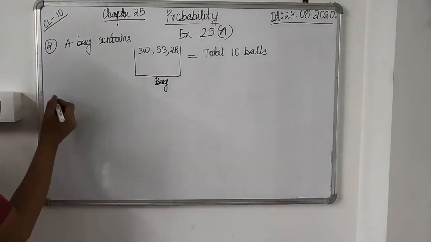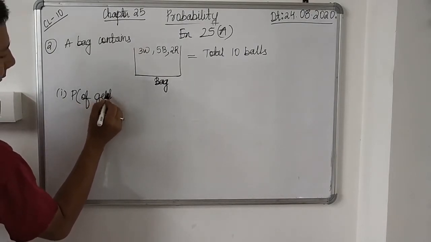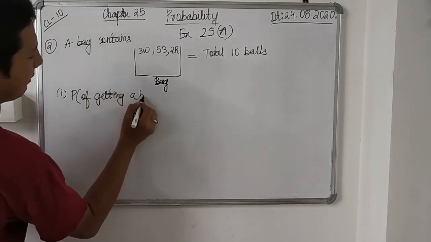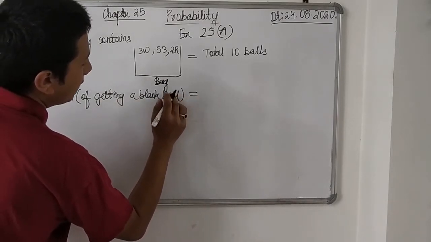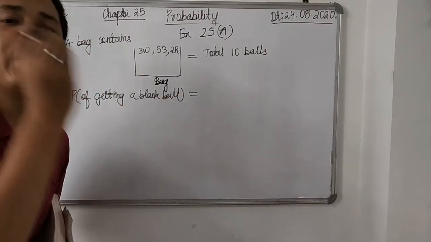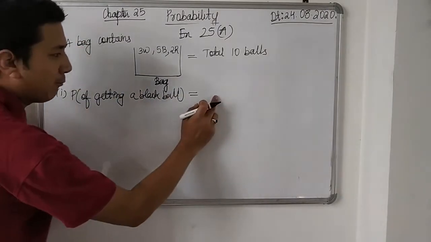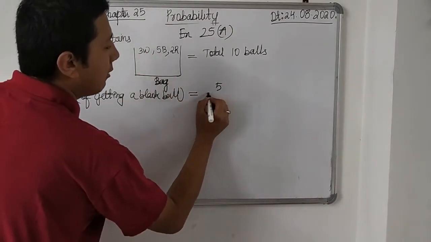The first question is the probability of getting a black ball. Again, please refer to the definition: probability of any event is the number of favorable chances over total. How many black balls are there? There are 5 black balls out of 10.